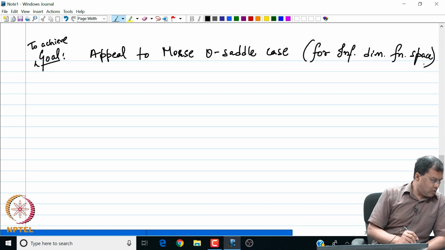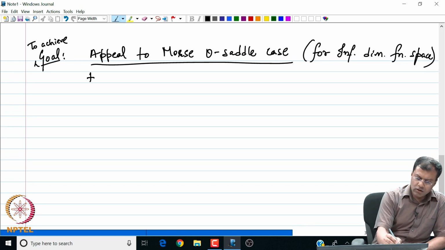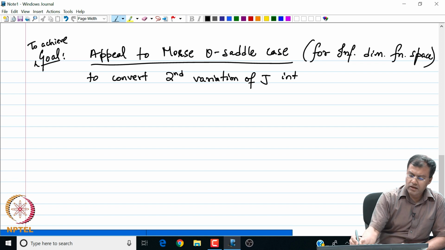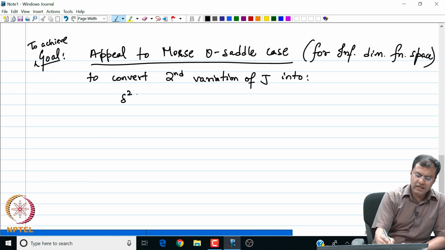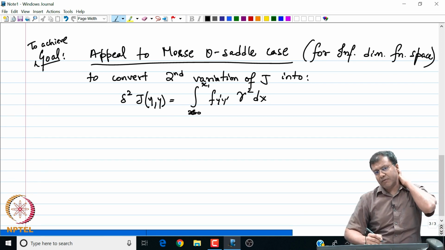By appealing to the Morse zero saddle case, we are going to convert our second variation of J into the following form: del square J of eta comma y equals the integral from x0 to x1 of f of y prime gamma square dx, where gamma is a real valued function.